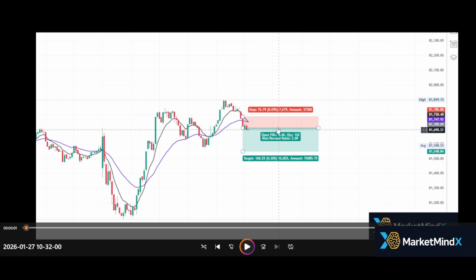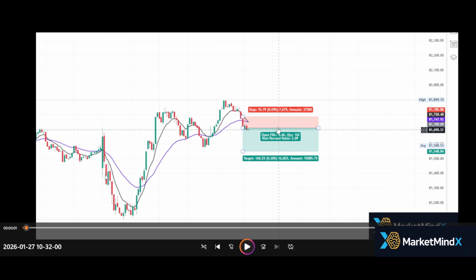Okay, so let's see today's date, 27 Jan 2026, and we took a trade around 10:32. Today, similar to what we have seen in our earlier live videos, the market opened at the previous close and immediately, in two candles, it started coming down.